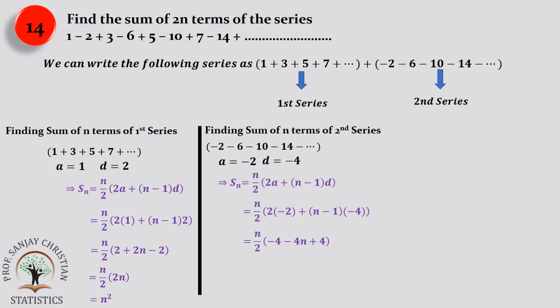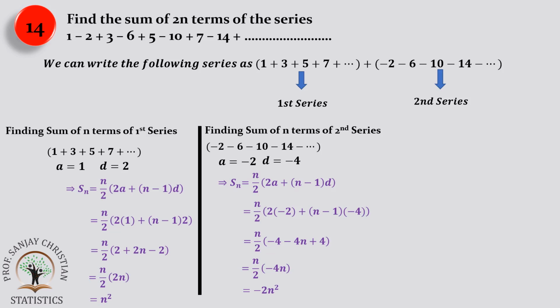Minus 4 and plus 4 will be cancelled, so the remaining will be only minus 4n. So it will be n upon 2 into minus 4n. It is but obvious that this will be somewhat cancelled. So the sum of n terms of the second series is going to come as minus 2n square.